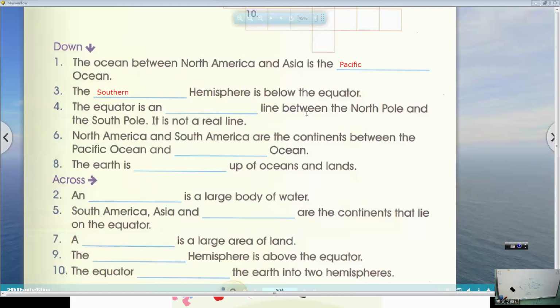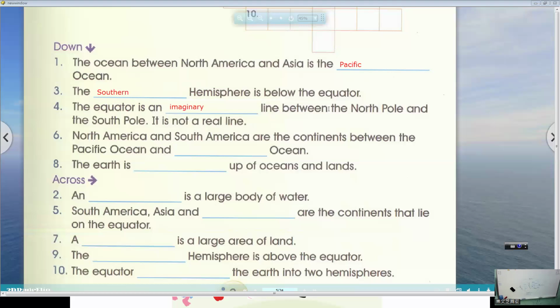Spelling. GI makes a sound J. Imaginary. Okay, imaginary line. Next, Vic.